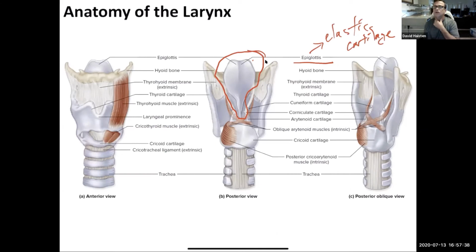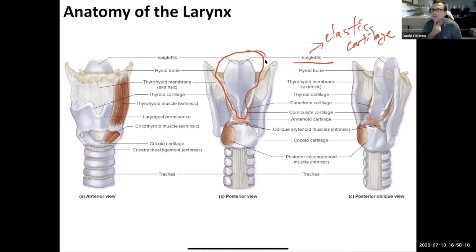Basically, if you put your hands right here on your throat and then swallow, you'll observe something happening. Do you feel a structure moving up when you swallow? You feel something moving up? Okay. That's your larynx.